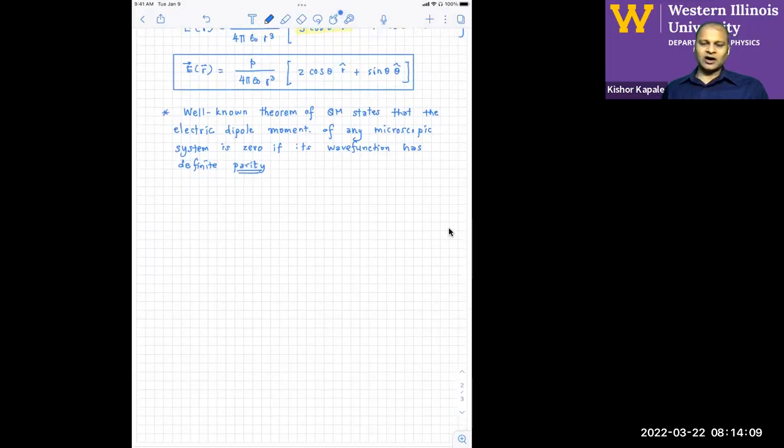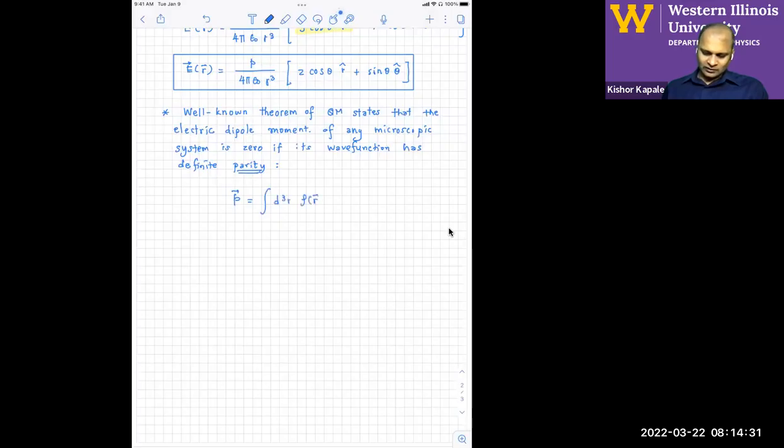Meaning when you change the coordinate r to minus r or x to minus x and so on, then because you are integrating over the whole volume of space, the positive terms would add up, the negative terms would cancel, and you get the dipole moment to be essentially zero.